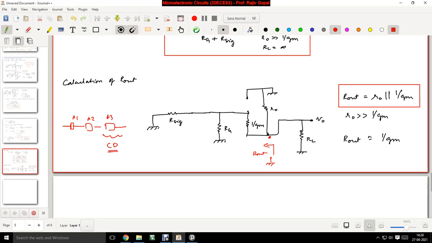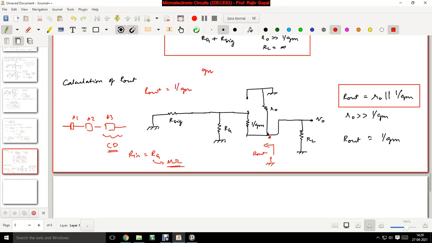Why? Because its input impedance is a high value. Rin is Rg, and Rg is in megaohms. It is a very high value. So input impedance is high, but output impedance is low.